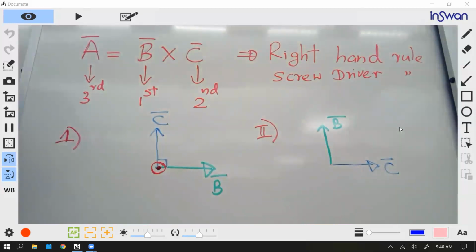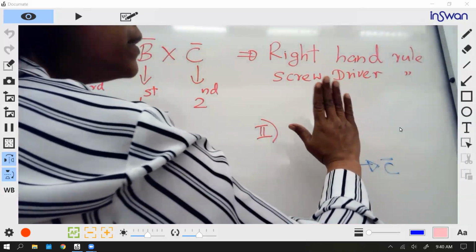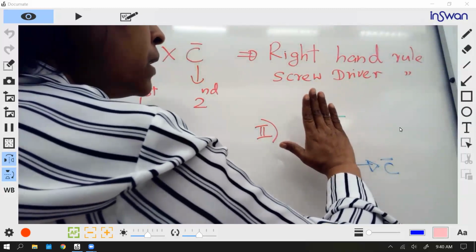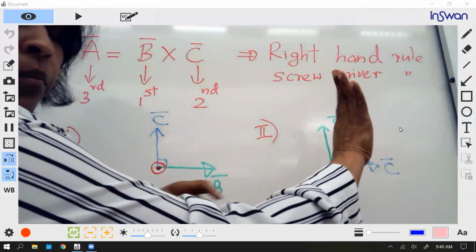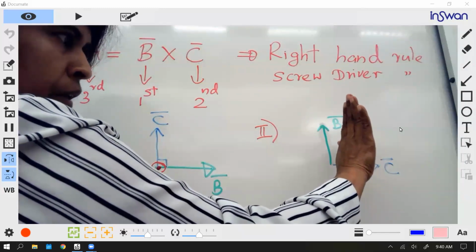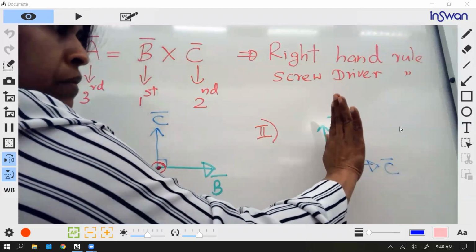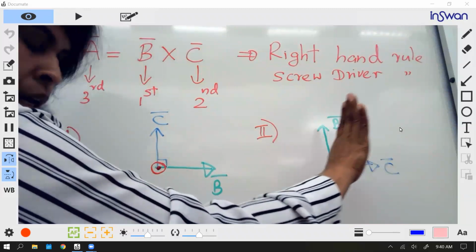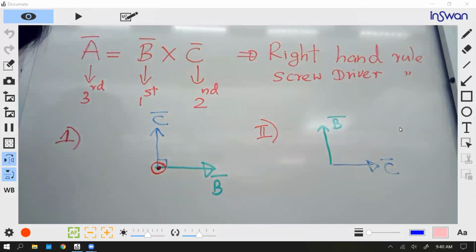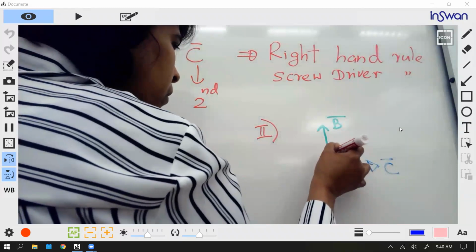So now I need to point my fingers and find the direction of my vector A. To do that, I first try pointing my fingers towards the B direction, but the problem is my thumb direction is into the board, and that's not what I need. I need to rotate my hand this way, so my fingers are in the B direction, and my C vector is pointing out in this way, right? So now my thumb direction will be into the board. So my vector A is pointing into the board.